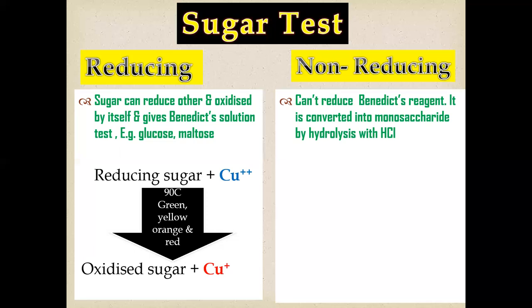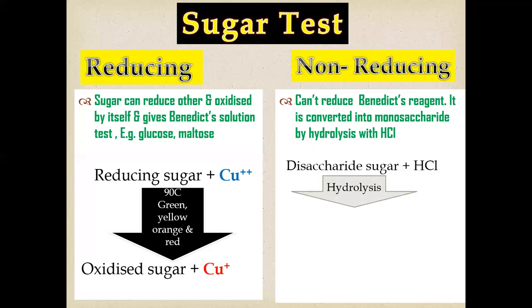But if the sugar is not giving results, there are two possibilities. Number one, it is not a sugar. And number two, it is a non-reducing sugar. Now, how can we test that? If it's a non-reducing sugar, we can use hydrochloric acid to break the bond between the disaccharide and polysaccharide units by the process of hydrolysis.